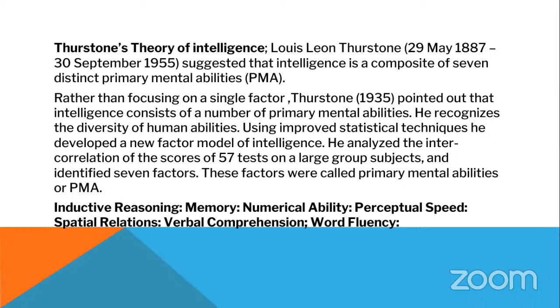He used a lot of statistical techniques and developed a new factor model of intelligence. First, he analyzed the intercorrelation of the scores of 57 tests, and then reduced it to 7 factors called primary mental abilities, otherwise known as PMA.